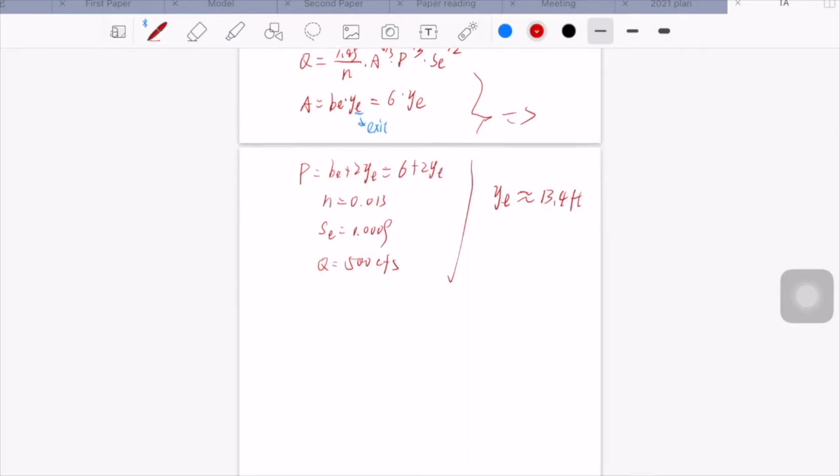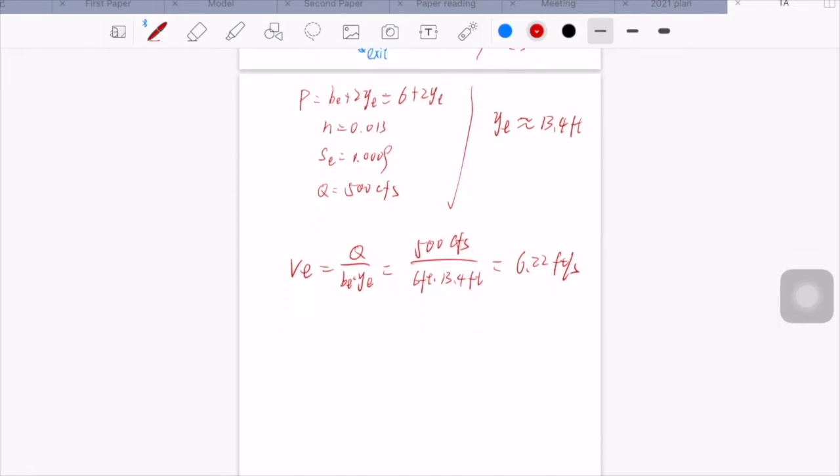We can also determine the velocity at the exit equals Q divided by b_E times y_E equals 500 cubic feet per second divided by 6 feet times 13.4 feet. So the velocity at the exit equals 6.22 feet per second.